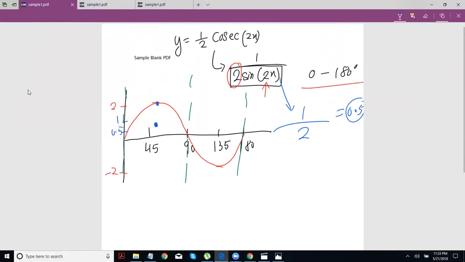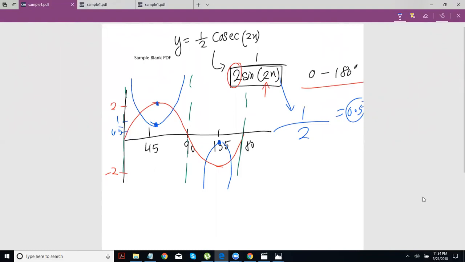Somewhere here is where you want to be plotting the point for your cosec. Same for something like this, because at 135 degrees, your 2 sine 2x is giving you minus 2. So that's 1 upon minus 2. That is minus half. So you get something like this. This is one complete cycle. And that's it for cosec.